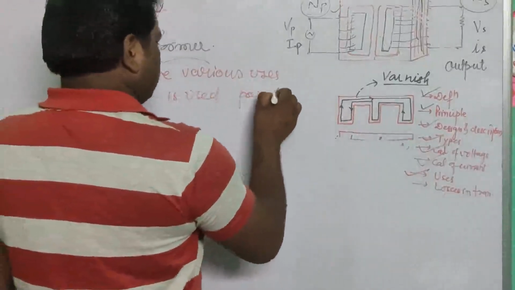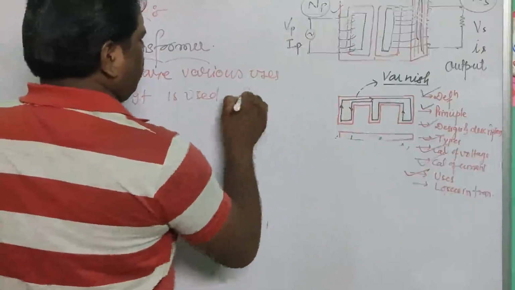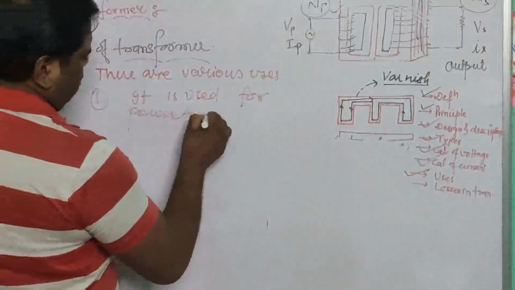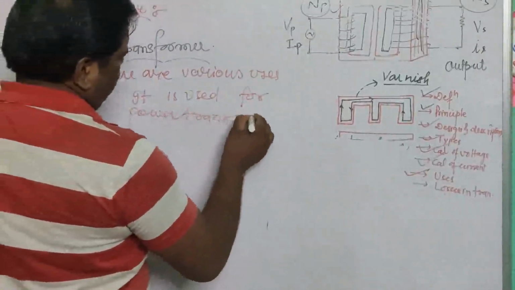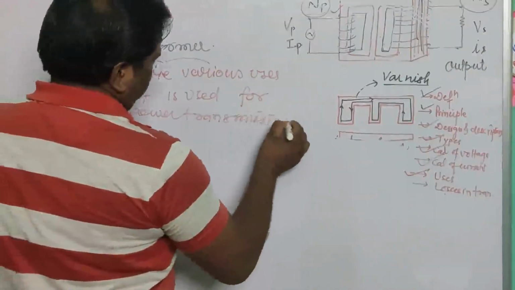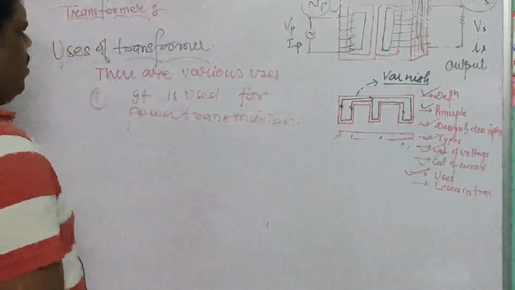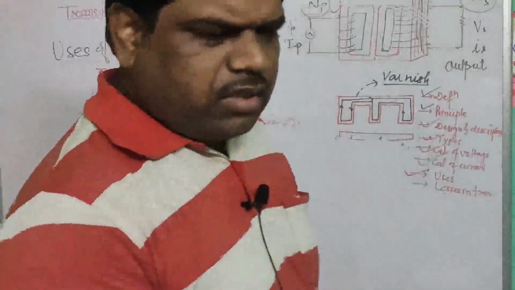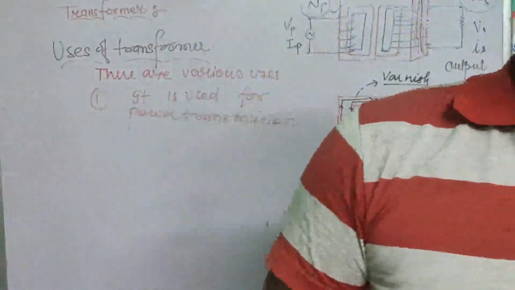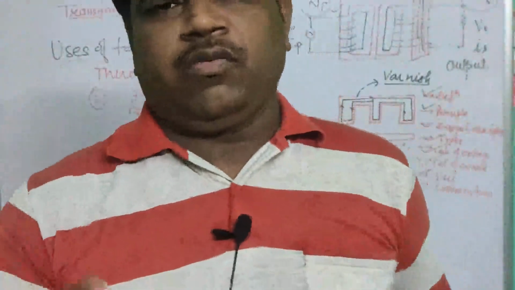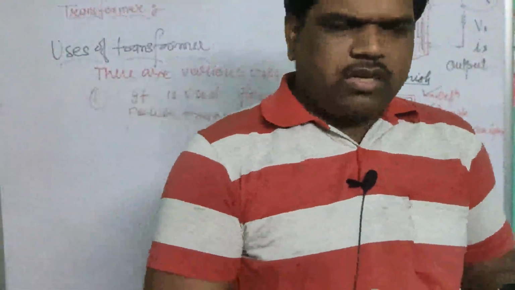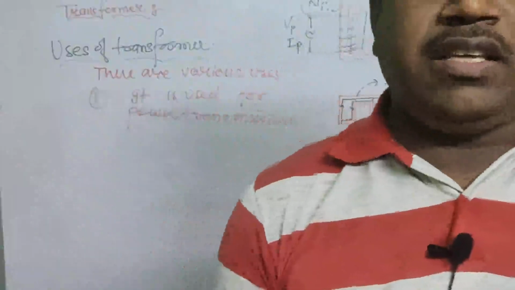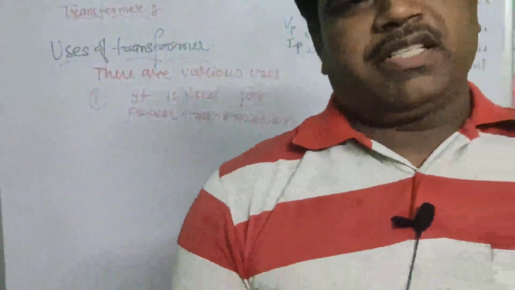for power transmission, without any loss of energy. We cannot say that there is no loss while transmitting power from one place to another, because there is no transformer whose efficiency is 100%.